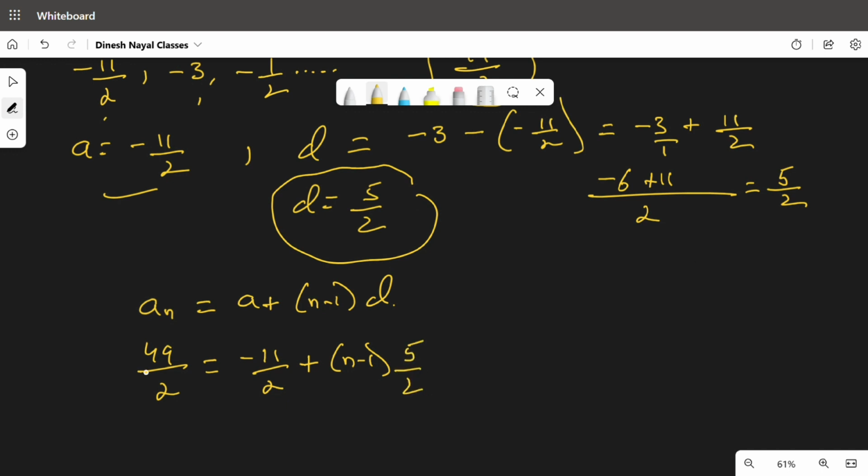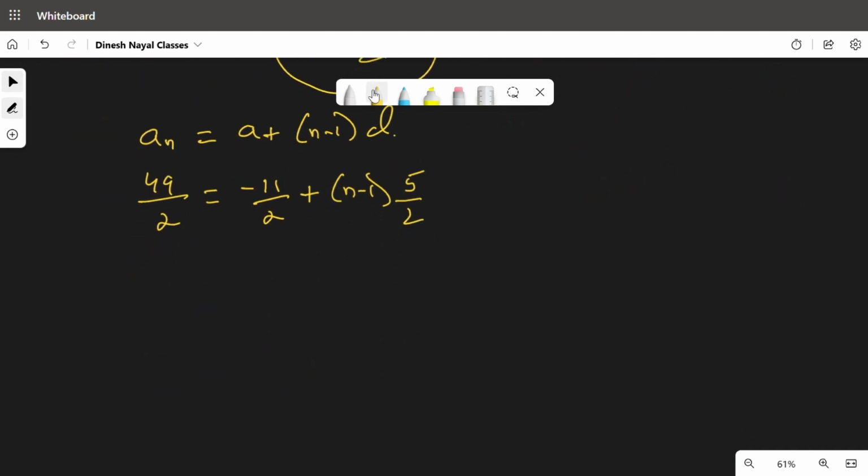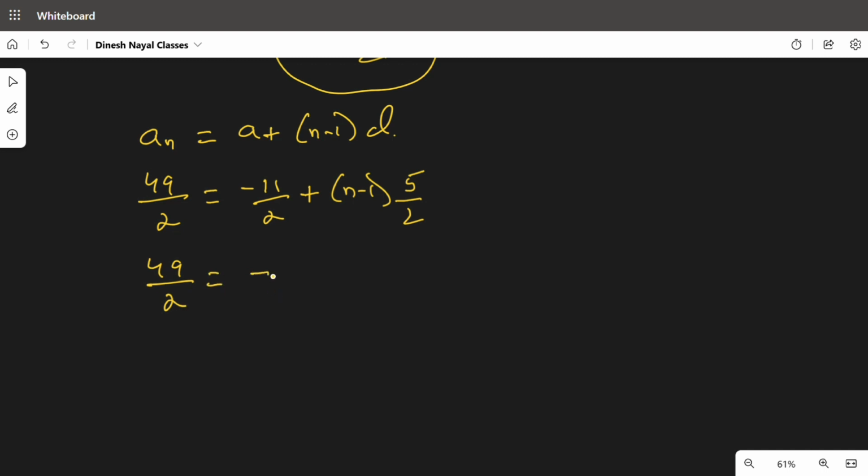So now we have to solve this equation to get the value of n. Let's write 49 by 2 equals minus 11 by 2 plus n minus 1 times 5 by 2. Now multiply n minus 1 with 5 by 2.